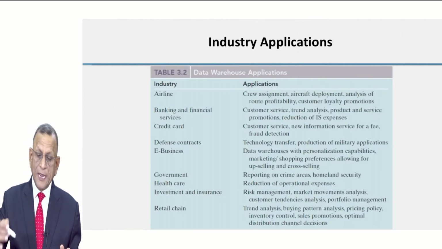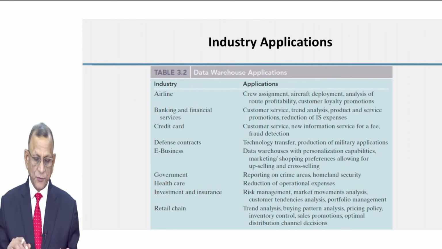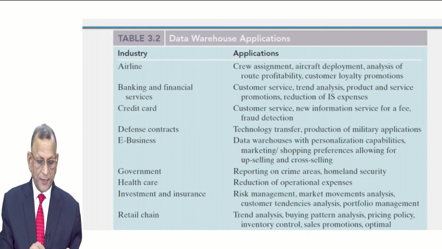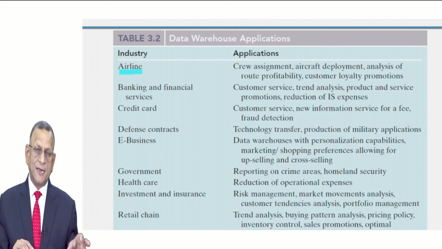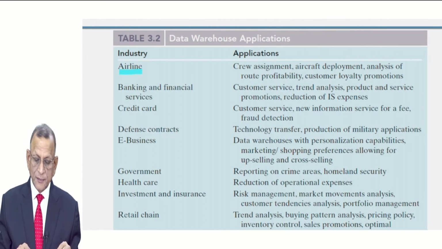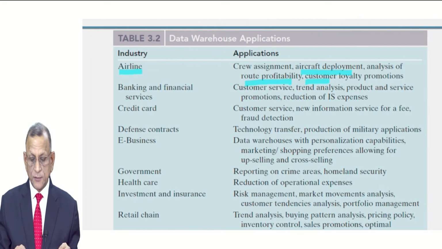Friends, where such kind of applications can be used in a particular industry. So we have this table which is in a position to help us to understand where a particular BI can be used. Okay. So the first example we have airlines. For what we can use data analytics and business intelligence: crew assignment, aircraft deployment, analysis of route profitability, customer loyalty, promotions.